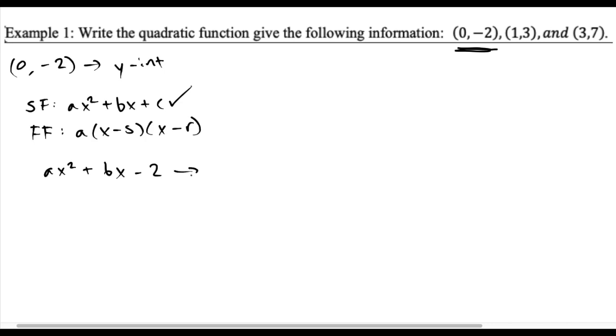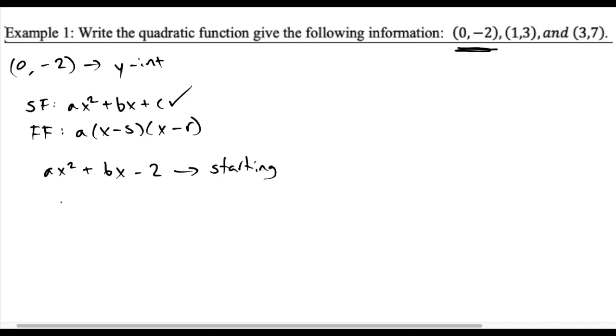This can be our starting equation. With this equation, we will then substitute the values for the next two coordinates and create two different equations, set up a simultaneous equation and solve for the values of a and b.